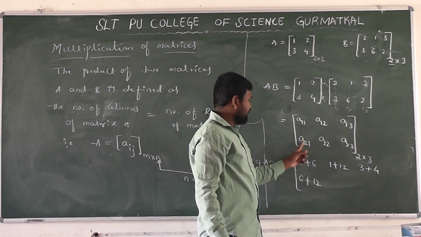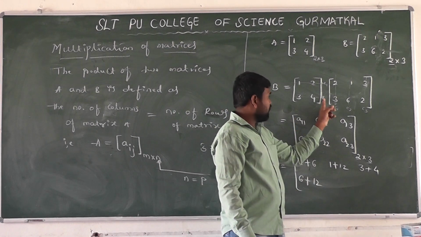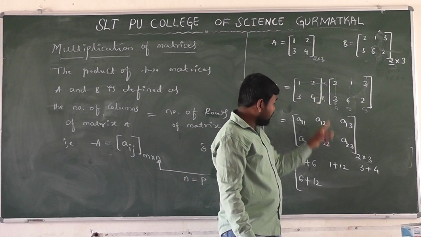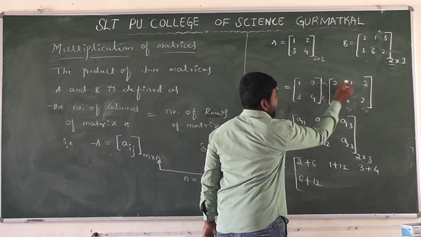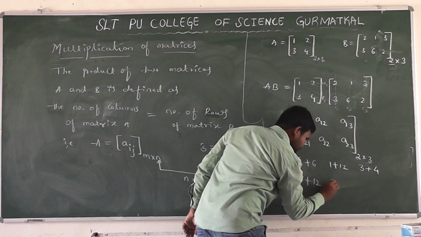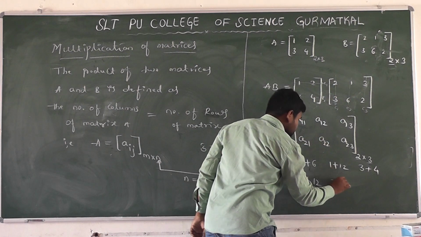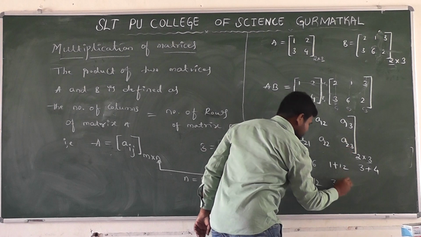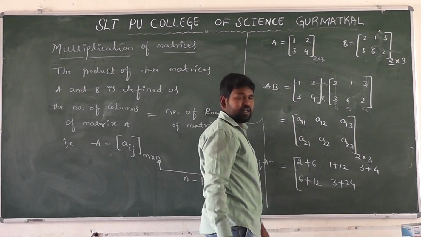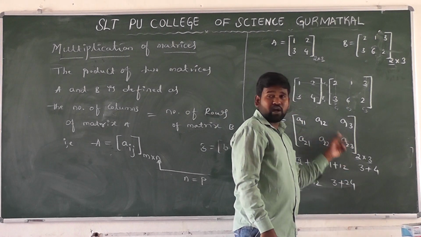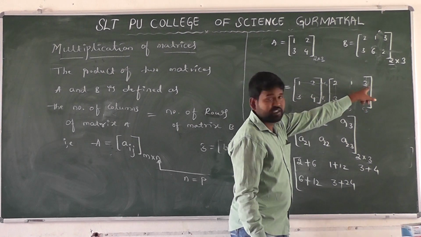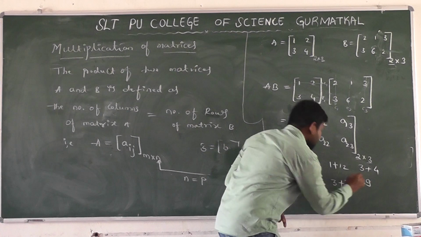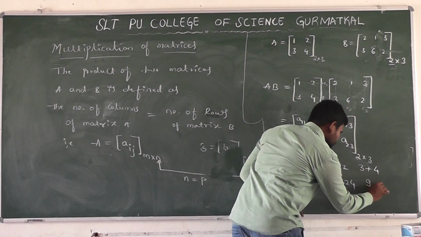Next, the second row of the first matrix and the second column of the second matrix. 3 1s are 3, plus 4 6s are 24. Next, the second row of the first matrix and the third column of the second matrix. 3 3s are 9, plus 4 2s are 8.